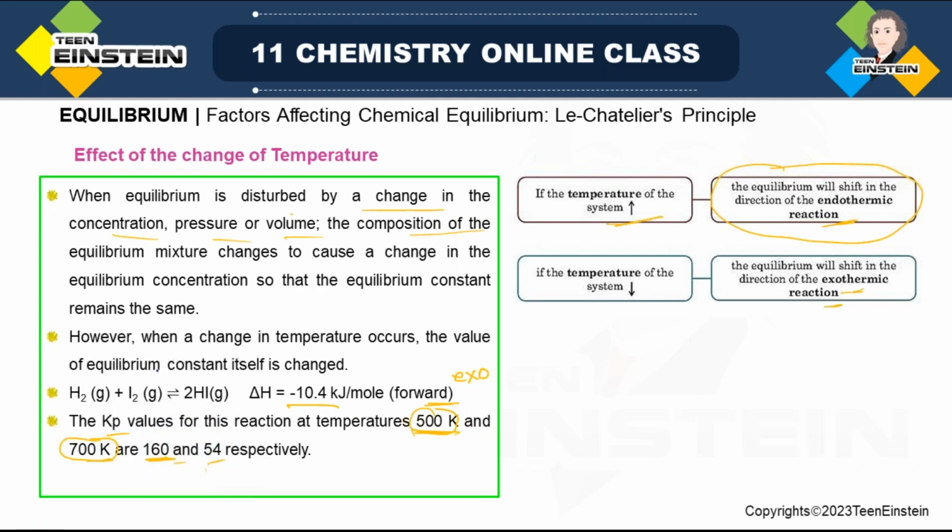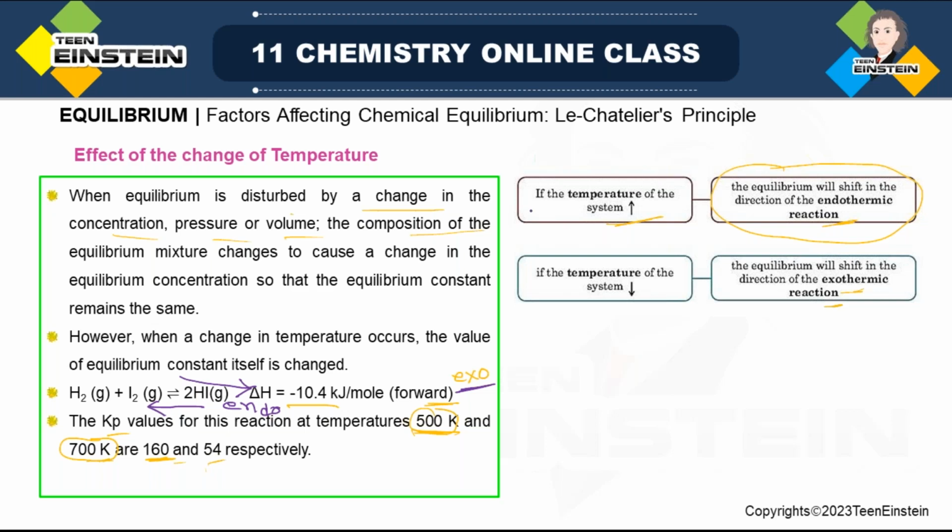In this example, the forward direction is exothermic, but the backward direction is endothermic, right? When you are producing HI, heat is liberated. So for the opposite reaction, obviously it will be endothermic.